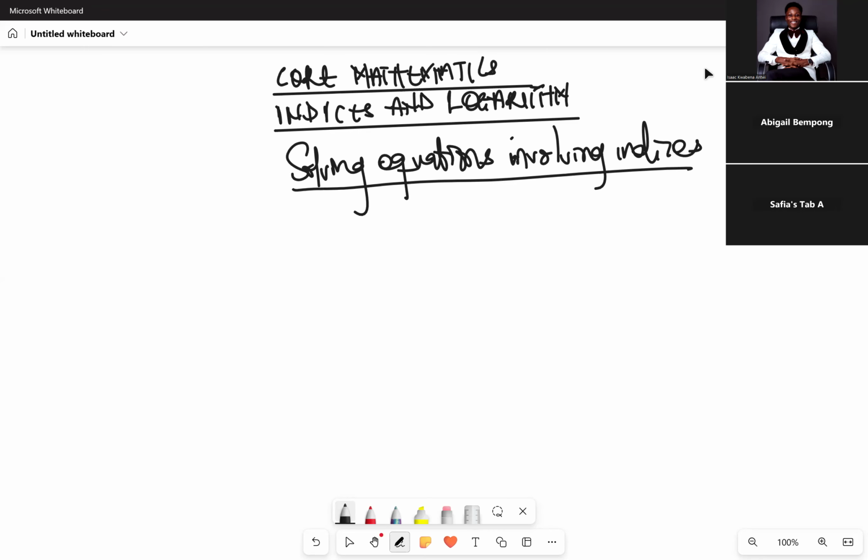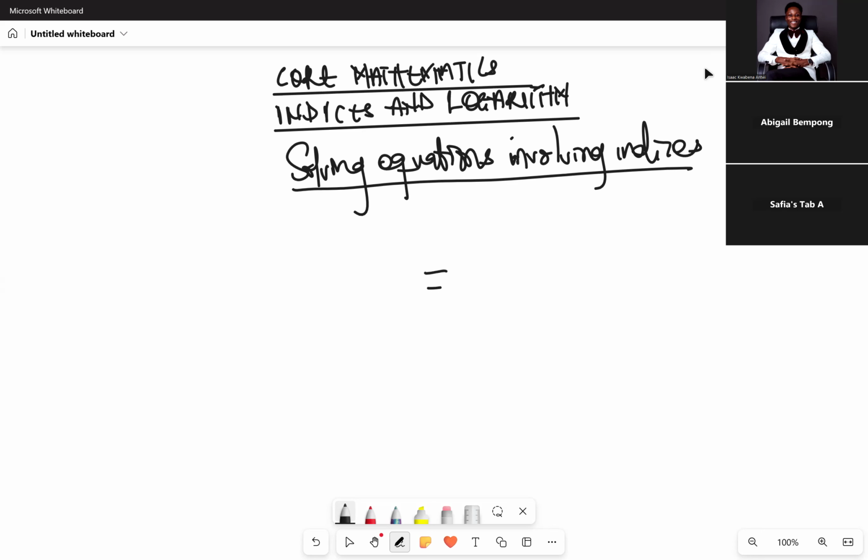When we say equations, it's basically any statement that has an equal sign. Now, some equations have variables or unknown quantities as their exponent, and we'll be asked to look for those unknown quantities.